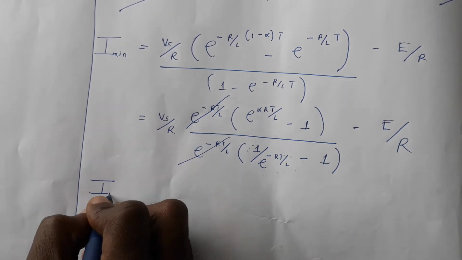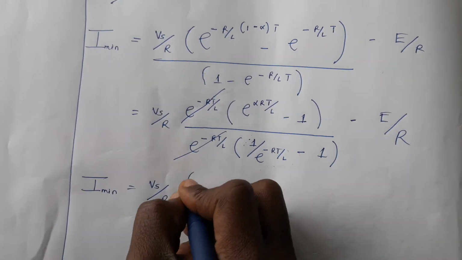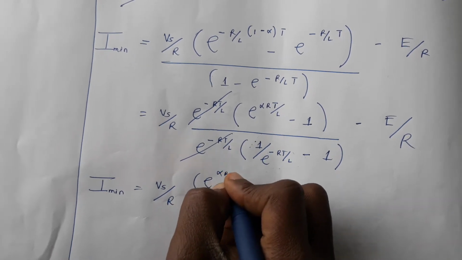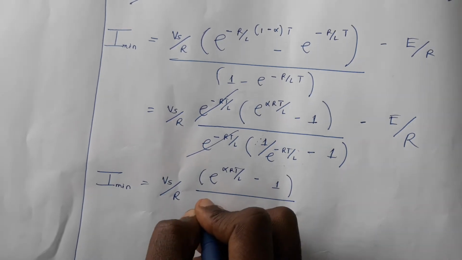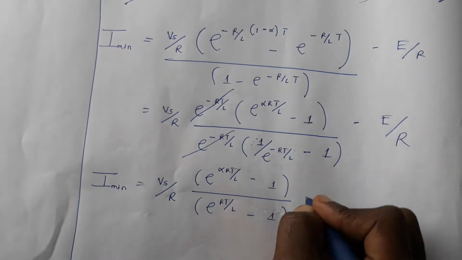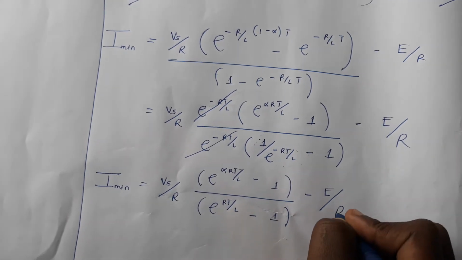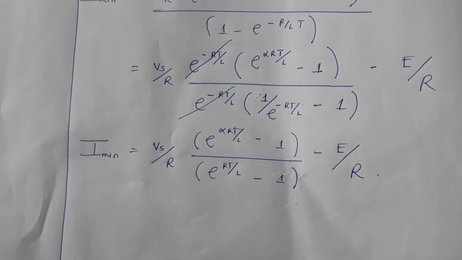Now we have Imin equals Vs over R, times exponential alpha R T over L minus 1, over exponential R T over L minus 1, minus E over R. So this is the expression for Imin.